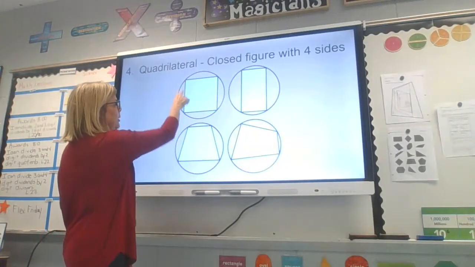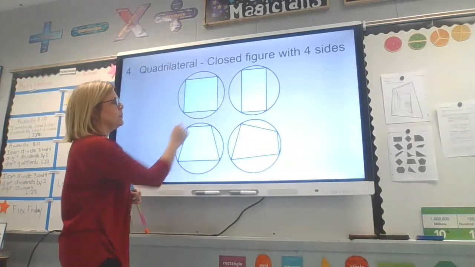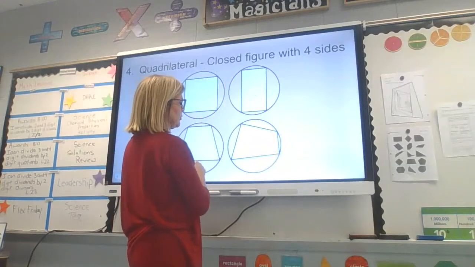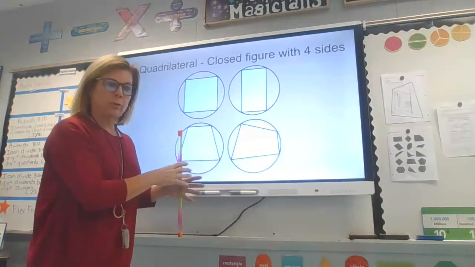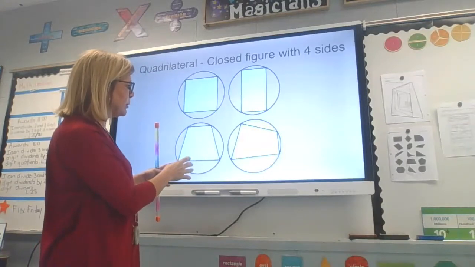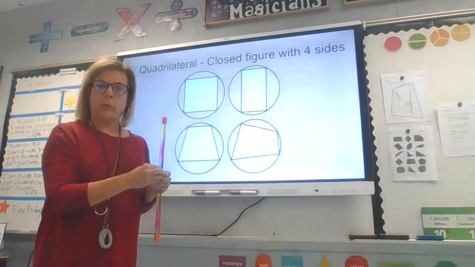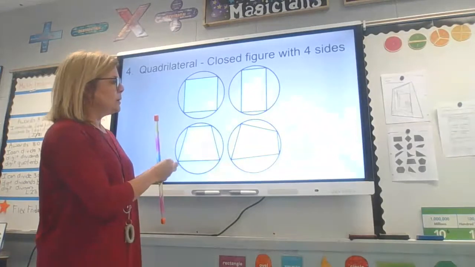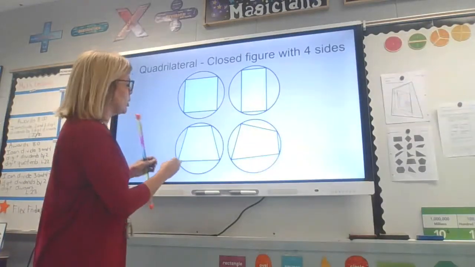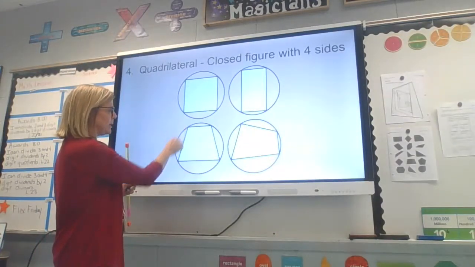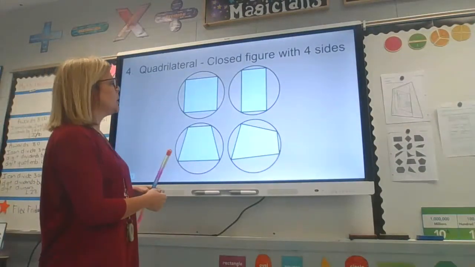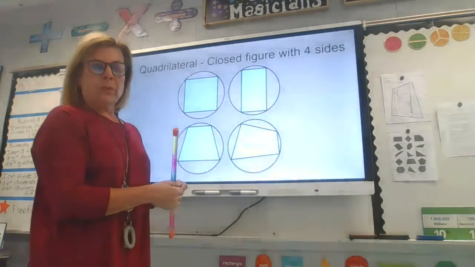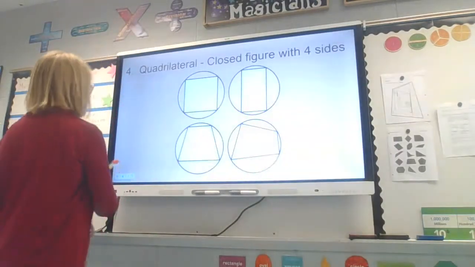A square has four sides. A rectangle has four sides. This shape, we don't have any parallel lines going on, but it has four sides that are closed. So that is a quadrilateral, a closed figure that has four sides.